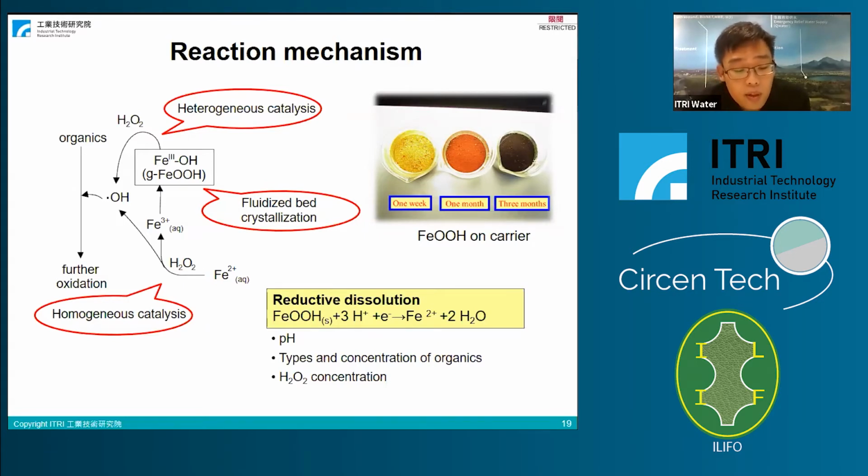So it can save the dosage of ferrous iron and reduce the cost of sludge treatment and disposal. Please see this photo. The color of the carrier will slowly change to dark black, which is related to thickness of iron oxide layer.